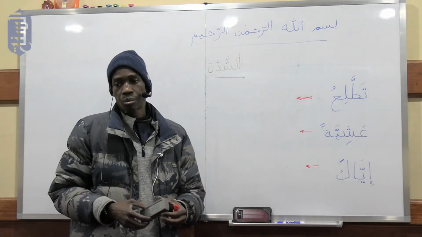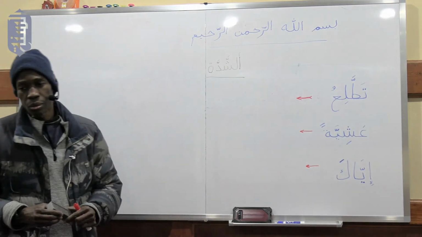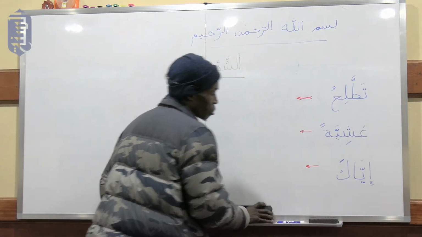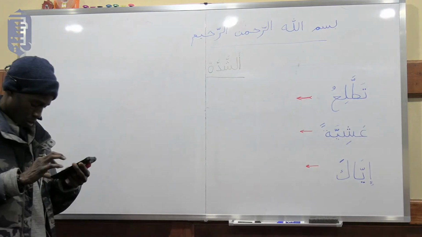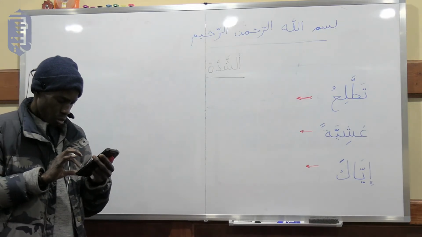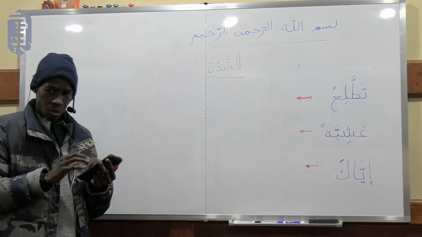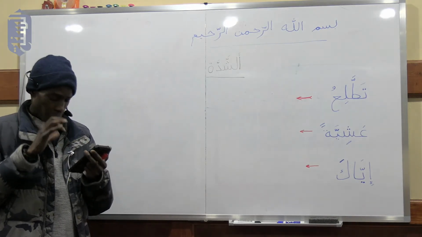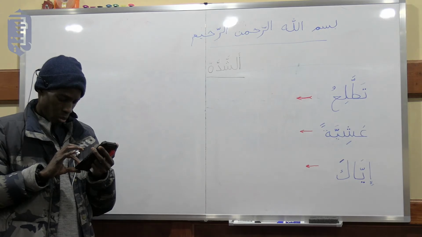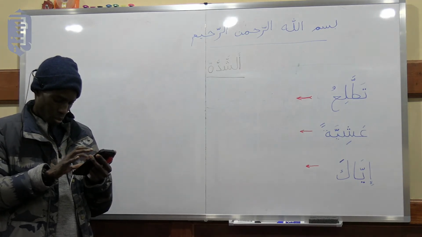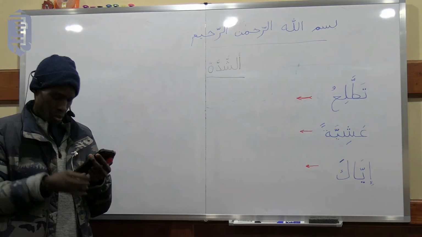You can also spell it a different way, where you can say Hamza, Kasra, Ya, Sukun, or you could say Hamza, Kasra, Ya, Shadda.